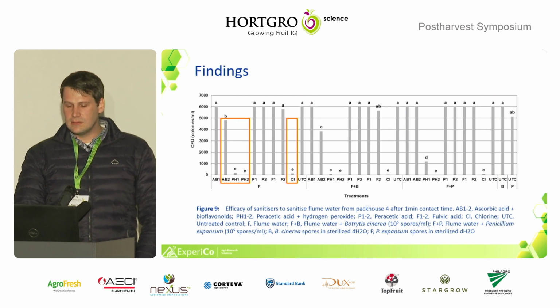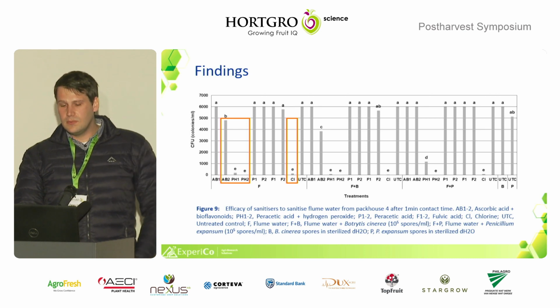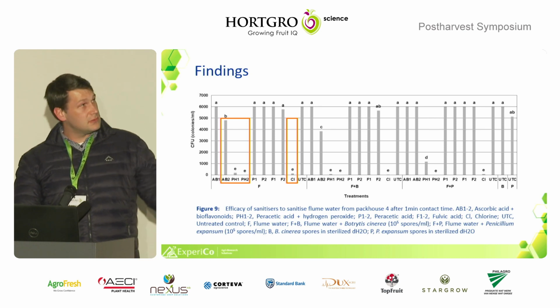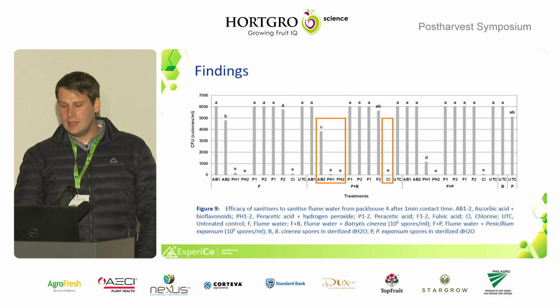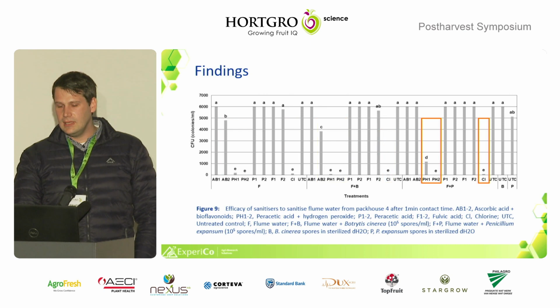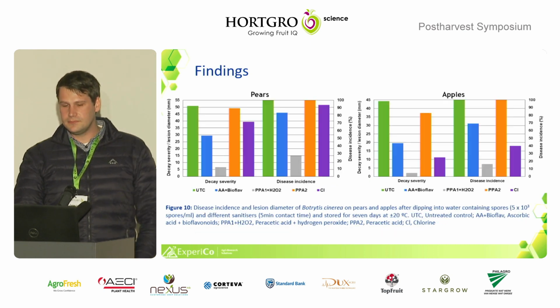Seeing the same results in this case, your hydrogen peroxide and your peracetic acid doing well, your ascorbic acid at double concentration showing something but not very effective. Adding botrytis is quite similar to Flume water alone, and the penicillin requires just the one product, and again it works.